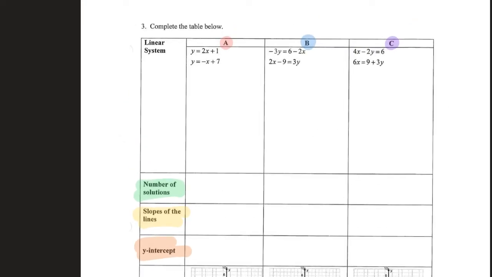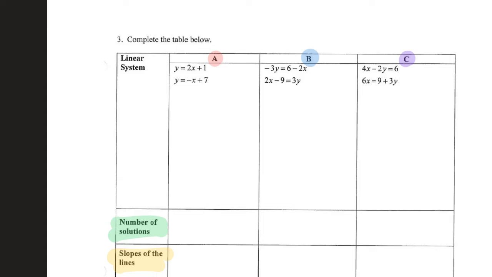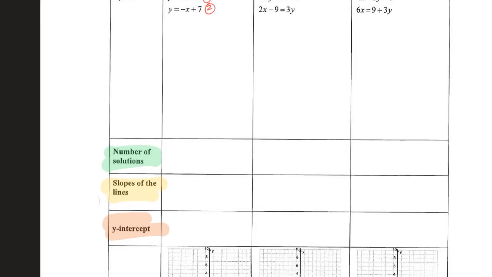So if we were to go all the way back up to the top, for instance, in A, you're going to say, I have equation 1 and I have equation 2. So down below, you're going to give me the slope of equation 1 and the slope of equation 2. You're going to give me the y-intercept of equation 1 and the y-intercept of equation 2.